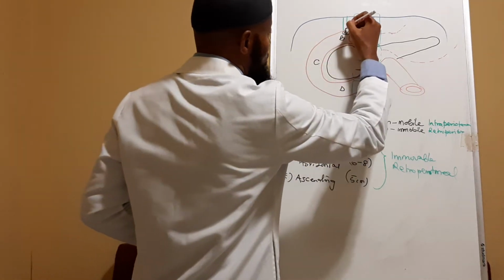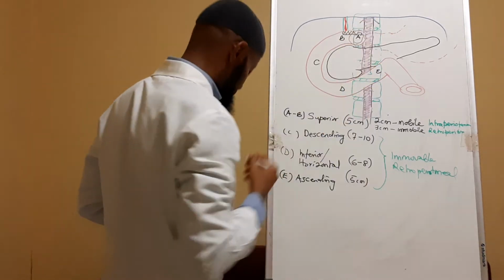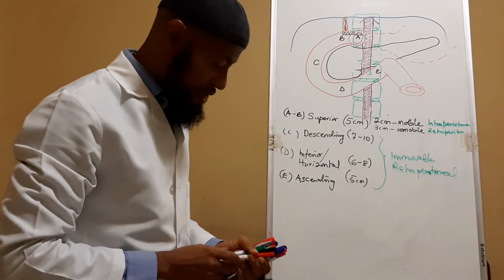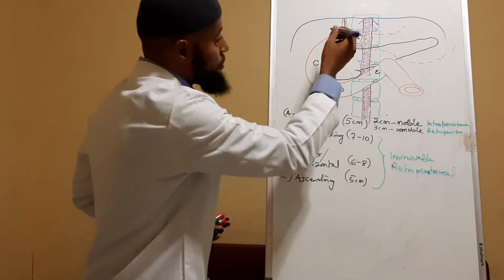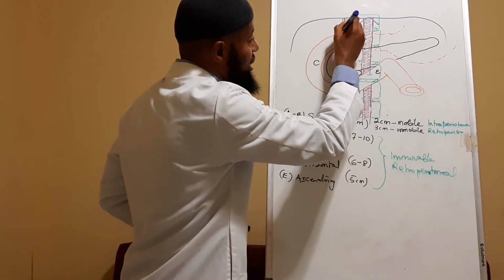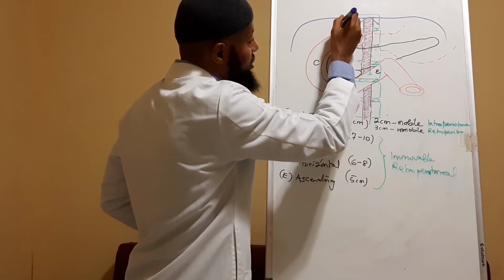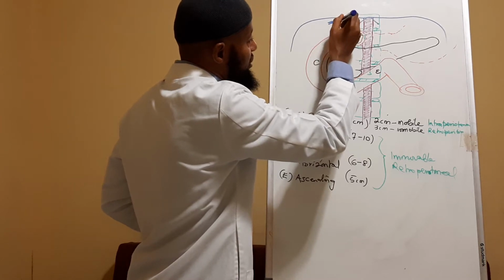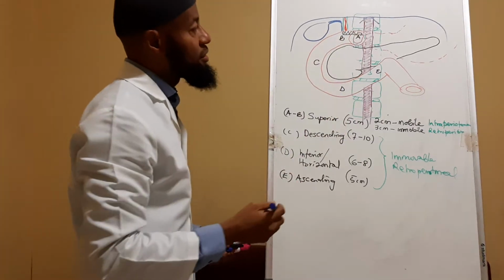That's your artery driving upward. And then you have the bile duct. So the common bile duct, and then the cystic duct, and that's the gallbladder.